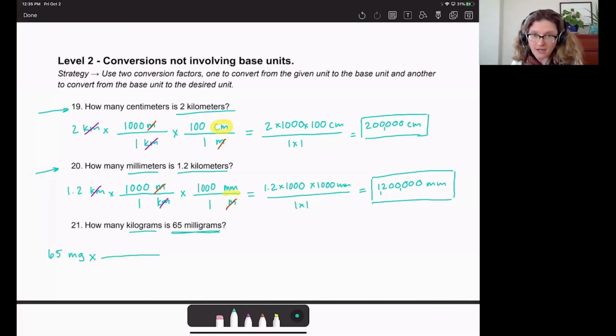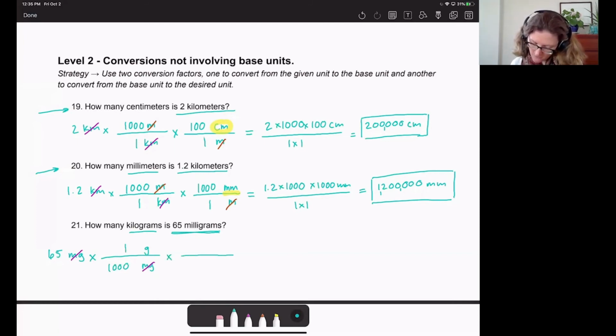So to convert milligrams into grams, milligrams on the bottom, grams on the top, because milligrams is on the top and bottom, that unit will cancel out. I know that there is 1 gram per every 1,000 milligrams, so I fill in my numbers there.